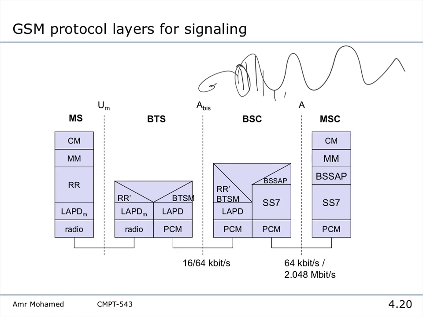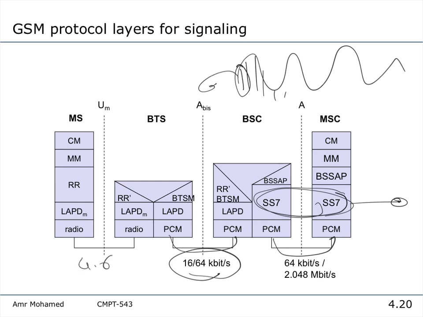So from the MSC to the base station controller and to the back end as well, we have what we call the SS7 interface. From here to here, it's wired. From here to here, it's wired. So the only difference is we go from 16 kilobits per second from the base station to the base station controller, to 64 kilobits per second.